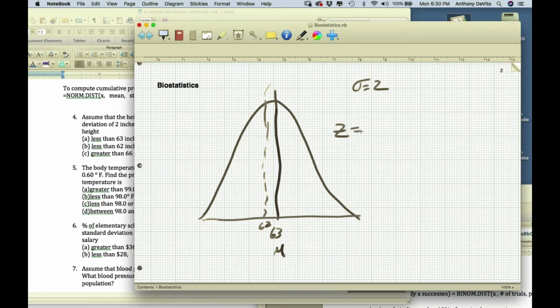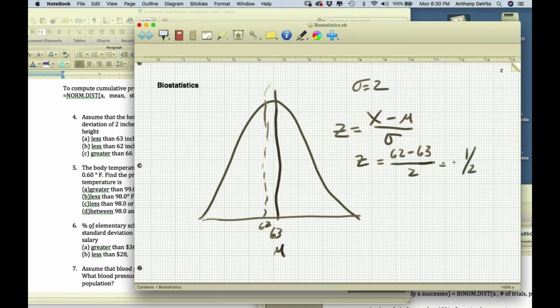We're going to say z is equal to the value we're interested in, x, minus the mean, over the standard deviation, right? So in this case, z is equal to 62 minus the mean, which is 63, divided by the standard deviation, which is 2, is equal to 1/2.